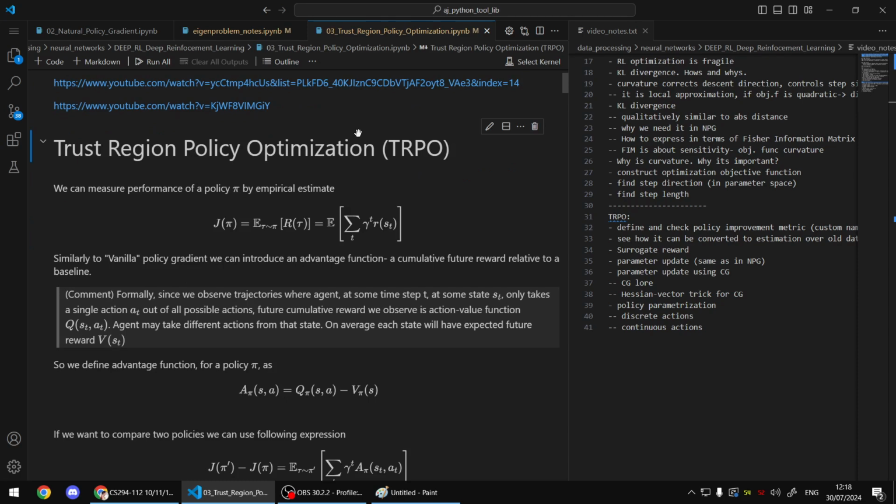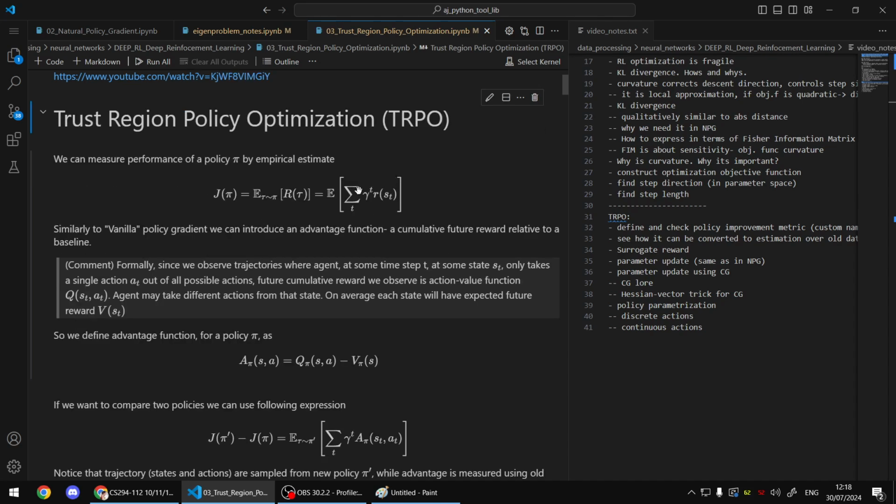We are using the same policy performance measure, which uses discounted rewards. We will not, but the derivation in the paper uses discounted, so we will just do the same.